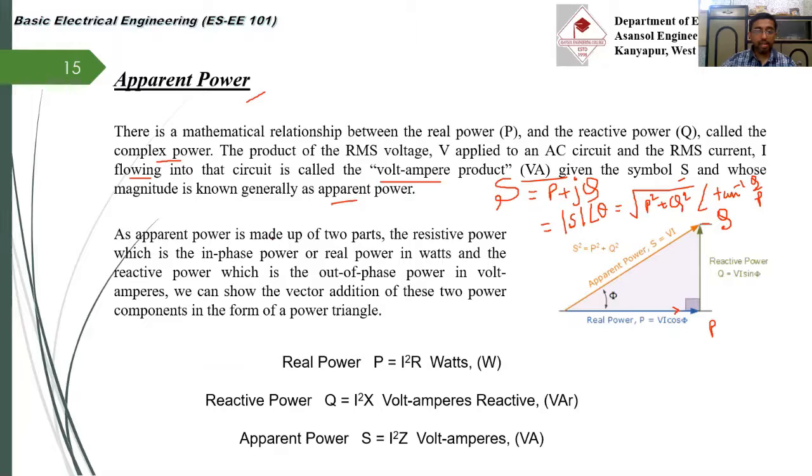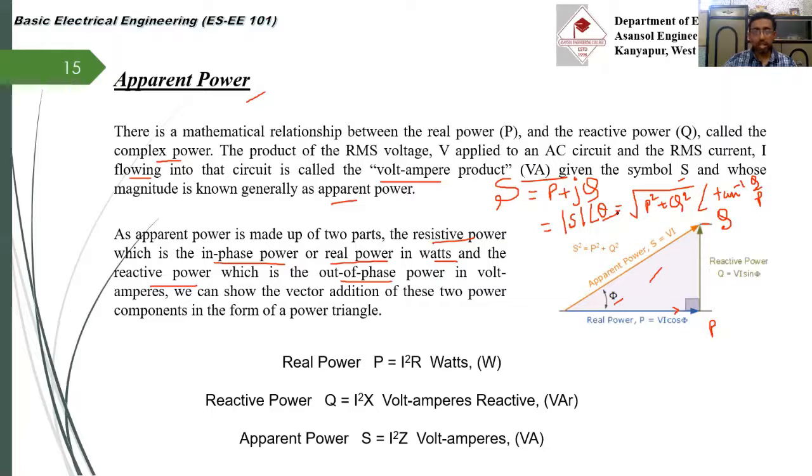Now, the apparent power is made up of two parts: resistive power, which is in-phase power or real power in watt, and the reactive power, which is out-of-phase power in volt ampere reactive. We can show the vector addition of these two power components in the form of a power triangle like this. Either you can write this angle as phi or theta.